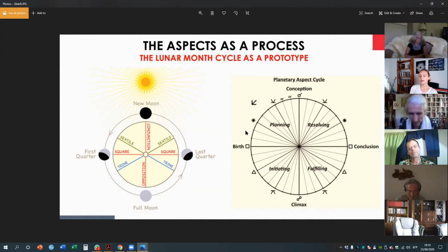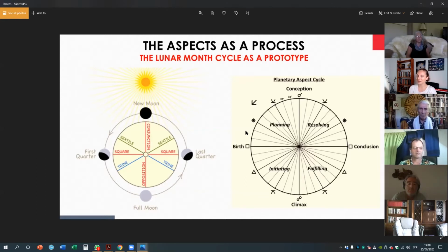Many people say it's a positive aspect and end of story. Actually, all of them can be very challenging and all of them can be very positive, even the squares, if we make the best use of what this stage is wanting from us. And the first sextile can go really wrong if we get carried away with the feeling of exploration and forget to somehow harness this energy and make something out of it.